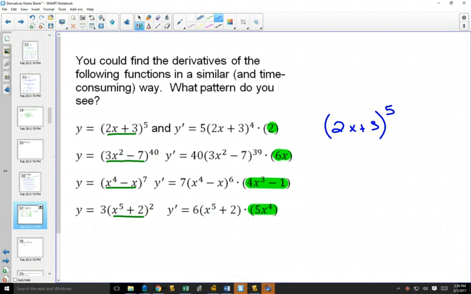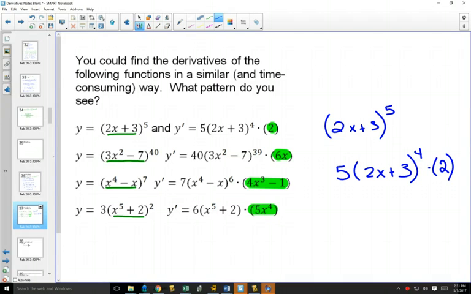So if we do the derivative of the outside function first, well, that just means bring the 5 out in front, subtract 1 from the exponent. So when I talk about doing the derivative of the outside function, you keep the inside the same. It doesn't change. And then after you've done the derivative of the outside function, you multiply by the derivative of the inside function.